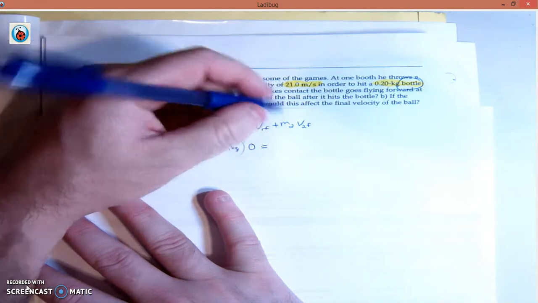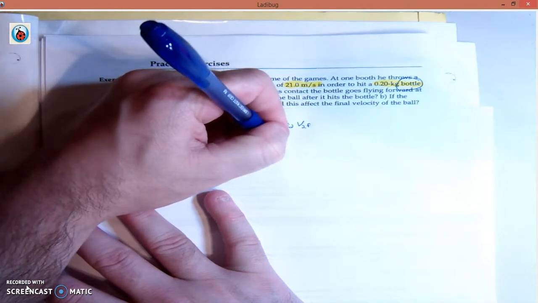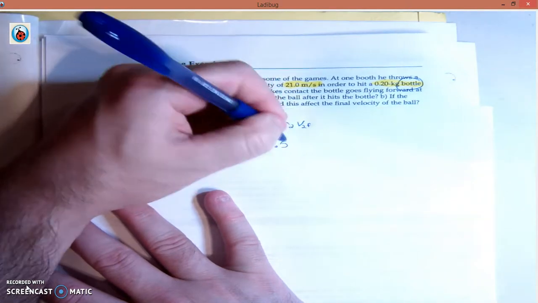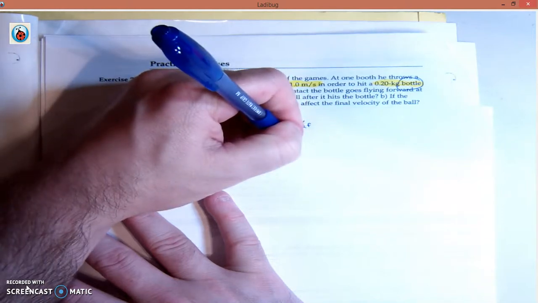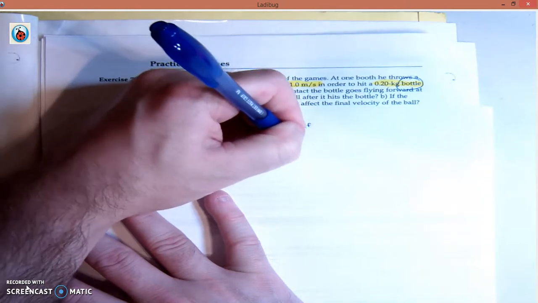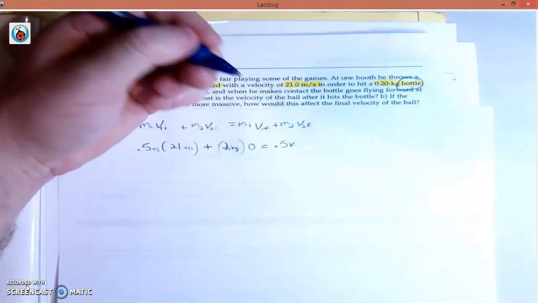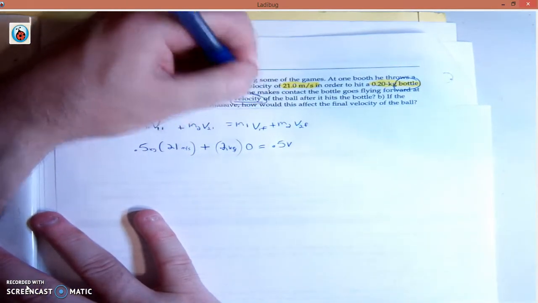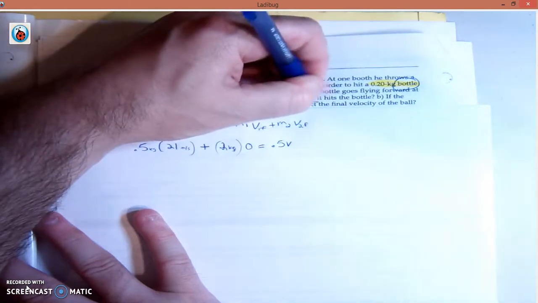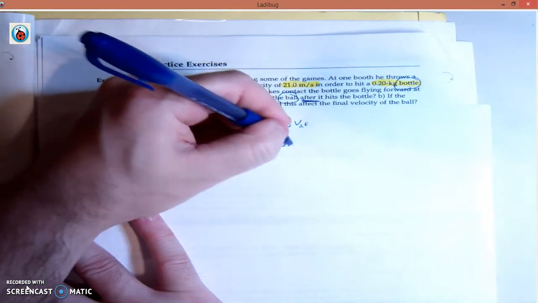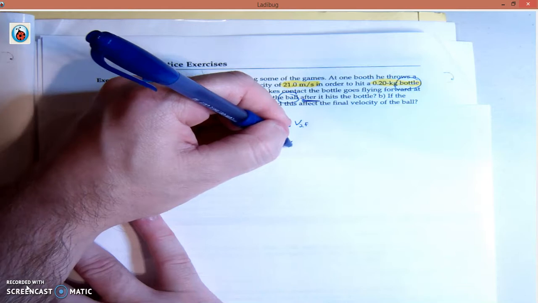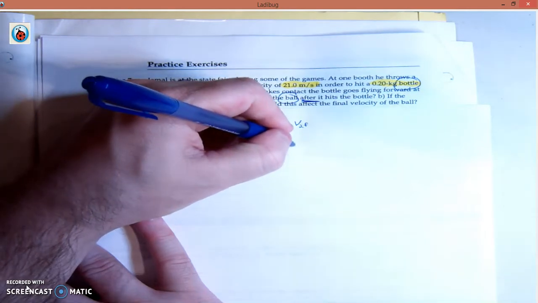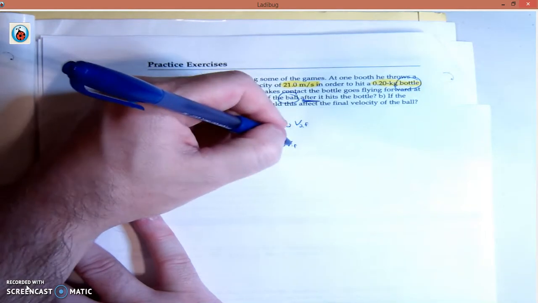Equals, all right, we're still going. The mass of the first object times the final velocity of the first object, which we don't know because we're trying to find the velocity of the ball after, right? So we don't know the velocity of this object after it started flying, right?